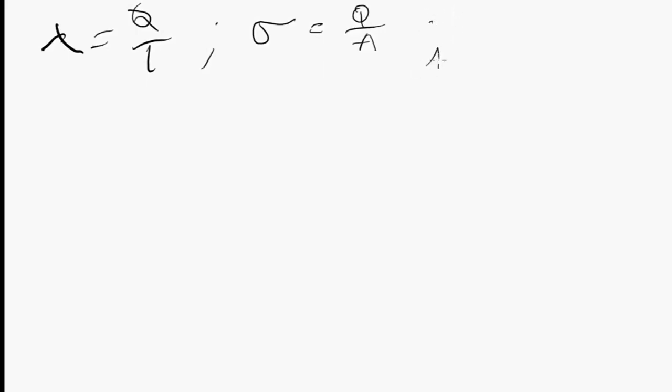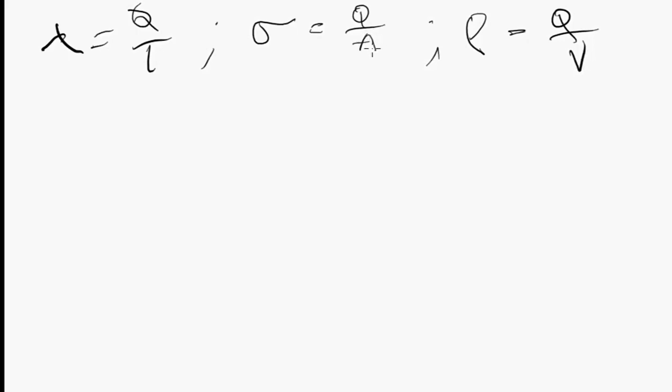Lastly we have the volume charge density, denoted by rho, which is given by Q over V, where Q is the charge and V is the volume.